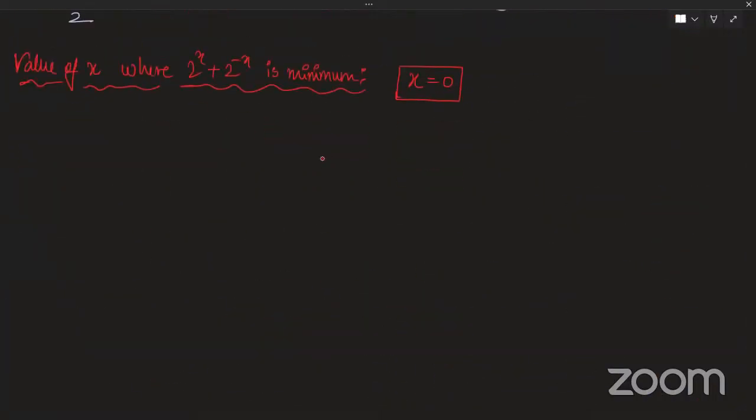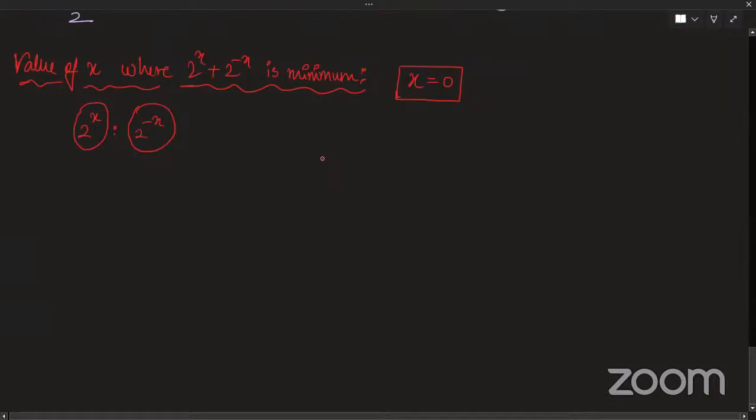See, I have two observations, 2 raised to x and 2 raised to minus x. When 2 raised to x plus 2 raised to minus x by 2 has the least value, in that case my AM is equal to my GM. If my AM is equal to my GM, what does that mean?